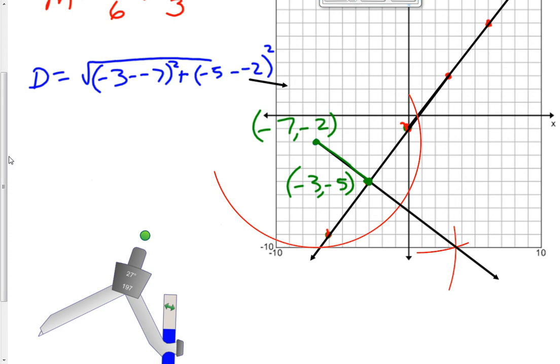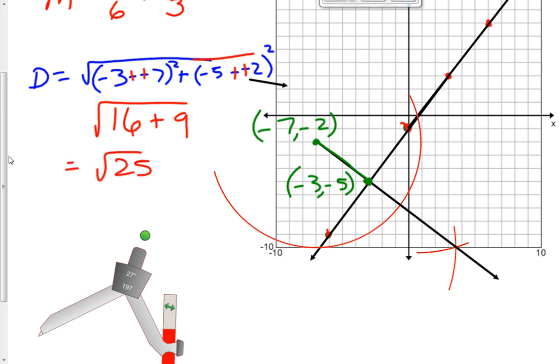And I believe this is the same problem that we had as our practice problem when we did the distance formula. -3 plus 7 is 4, and 4 squared is 16. -5 plus 2 is -3. Squared is 9. So the distance from the point to the line is the square root of 25 units, which is the same thing as 5.